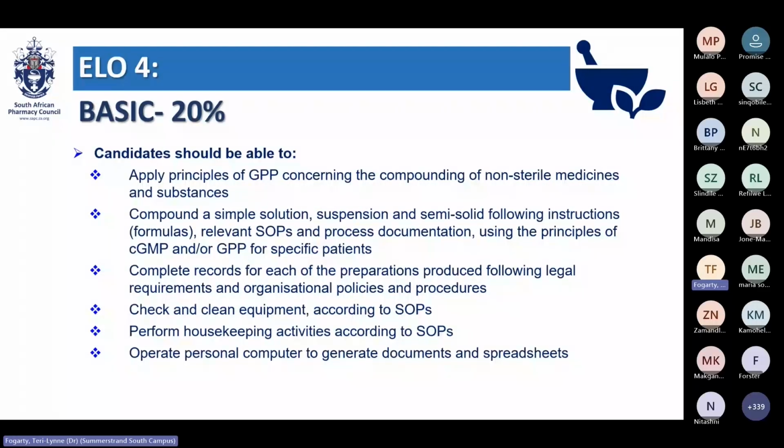You need to be able to know how to compound a simple solution, suspension, and a semi-solid or an emulsion following formulas or instructions using relevant standard operating procedures and process documentation, and applying the principles of good manufacturing practice and good pharmacy practice for specific patients.